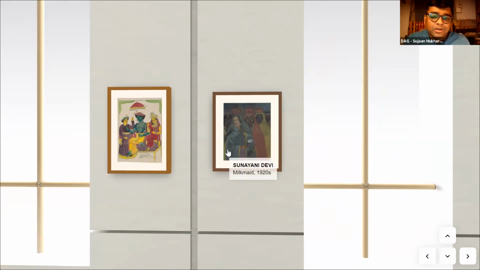Sunayani Devi was Abanindranath Tagore and Gaganendranath Tagore's sister, and she was quite a remarkable artist. There's not a great deal of information available about her, and whatever is available is probably available because she belonged to a family as eminent as the Tagores in Bengal.